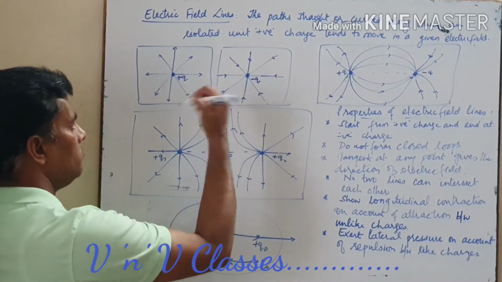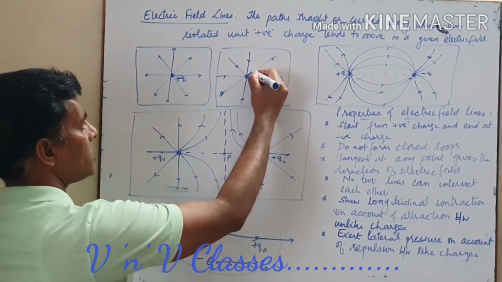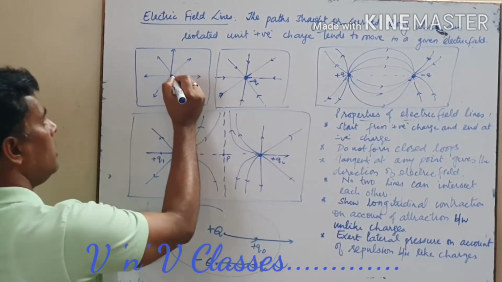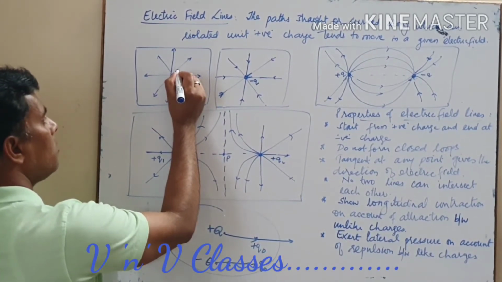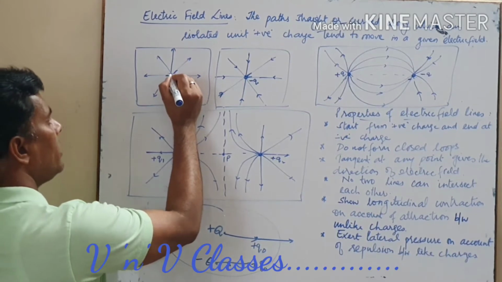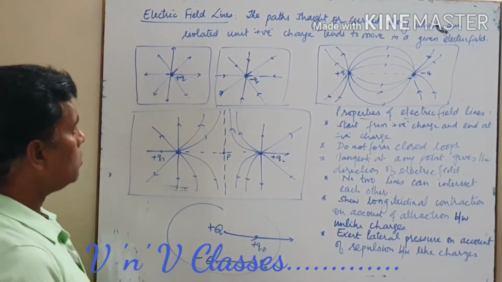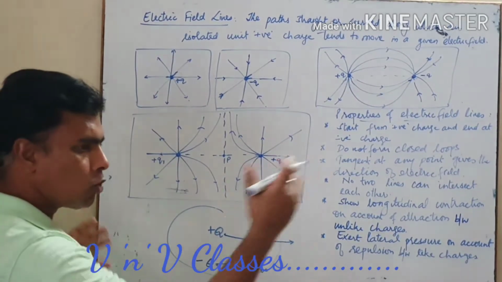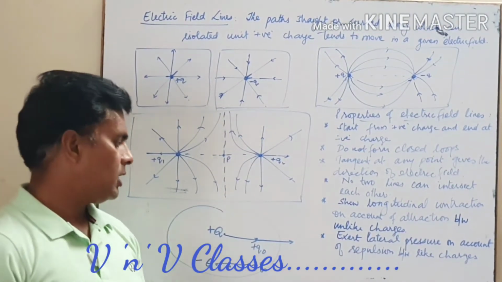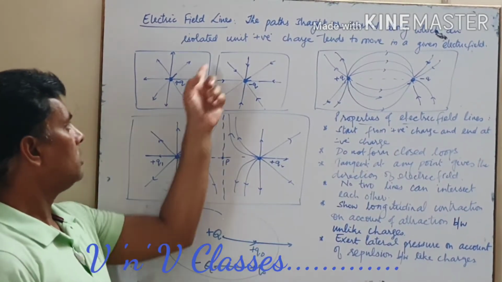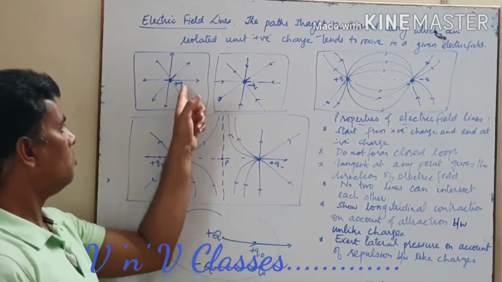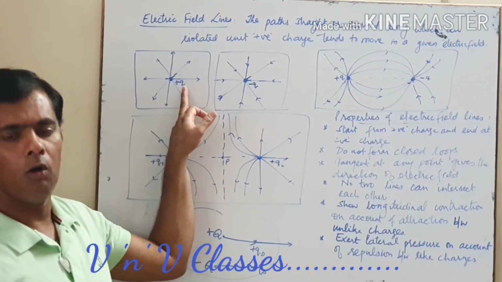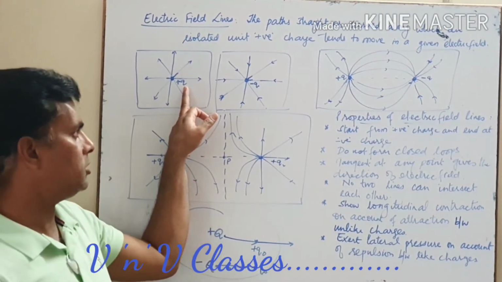At this point this line is perpendicular, at this point this line is perpendicular, and similarly at these points. So the charge plus Q has field lines moving outward. It symbolizes that the unit positive charge will move away from a positive charge, and that is the basic law that like charges repel each other.